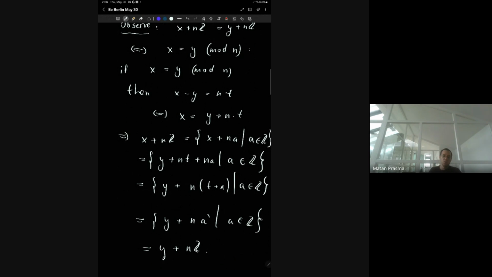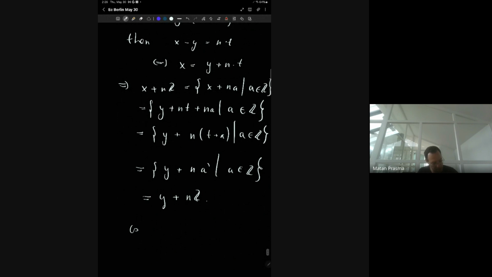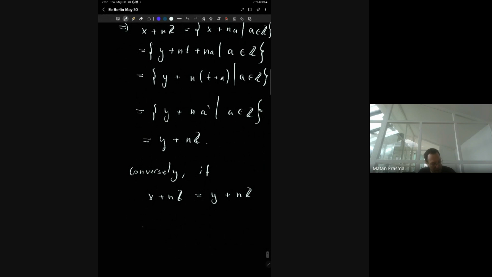Conversely, if I know that x plus nZ is equal to y plus nZ, then for a given element a in Z, x plus na, which is an element in x plus nZ, must be an element in y plus nZ.